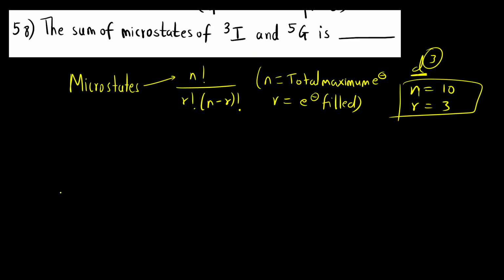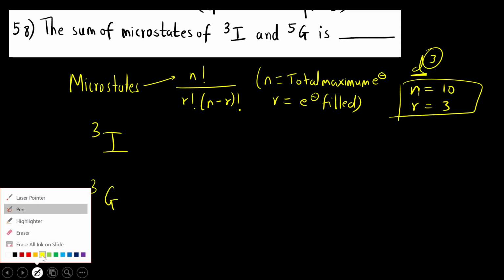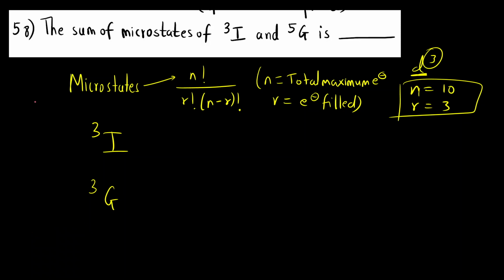But here the ground state term is given: 3I and 3G. The formula for this is number of microstates equals 2s plus 1, that is the spin multiplicity, into 2l plus 1.